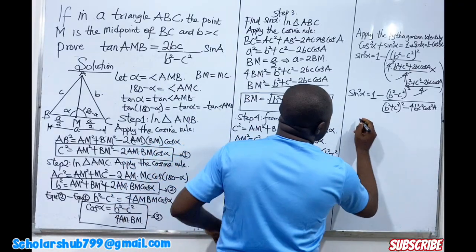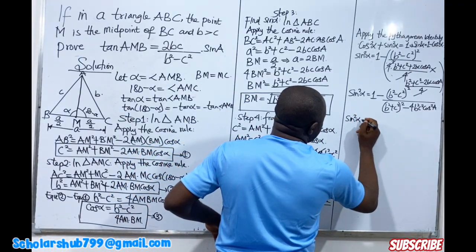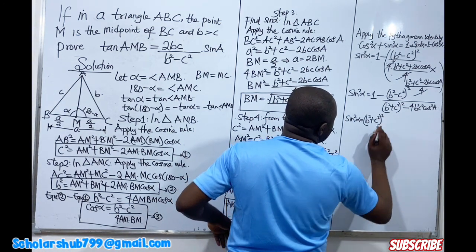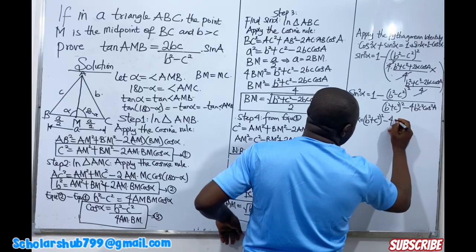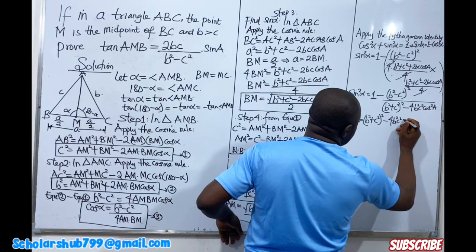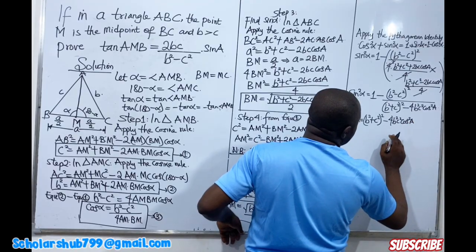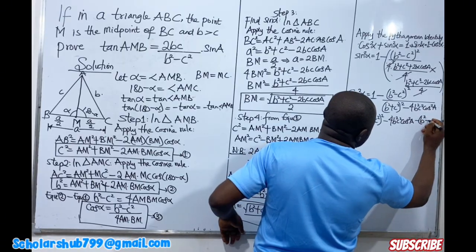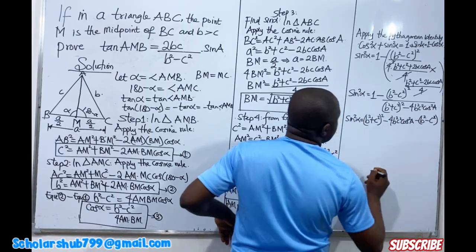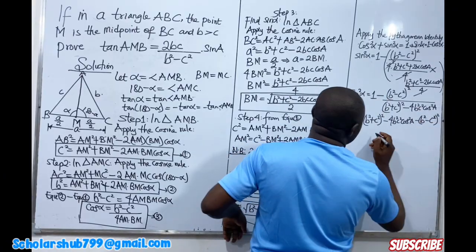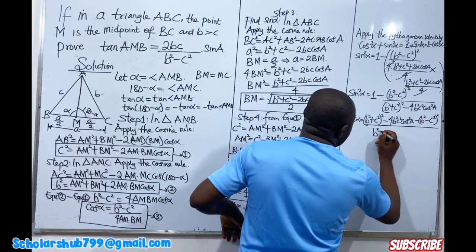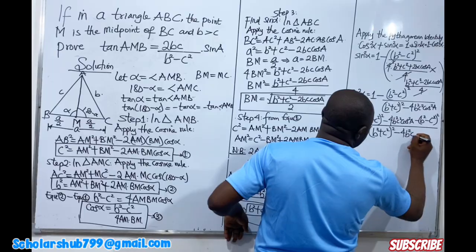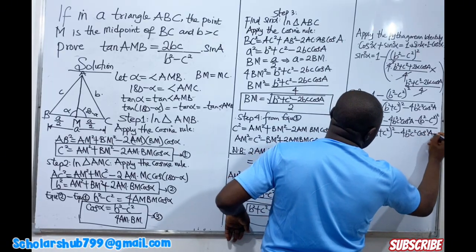Okay, so in this case, we're going to have sine squared alpha to be b squared plus c squared raised to the power of 2 minus 4b squared c squared cos squared a, then minus bracket b squared minus c squared, then raised to the power of 2 over b squared plus c squared to the power of 2 minus 4b squared c squared cos squared a.